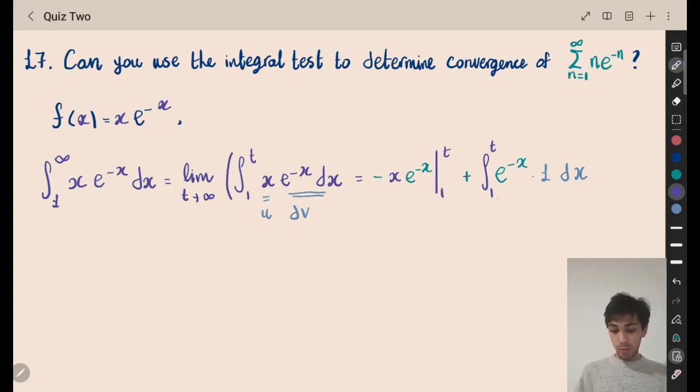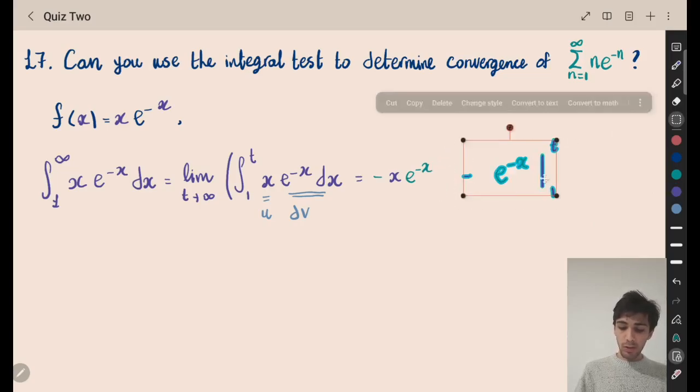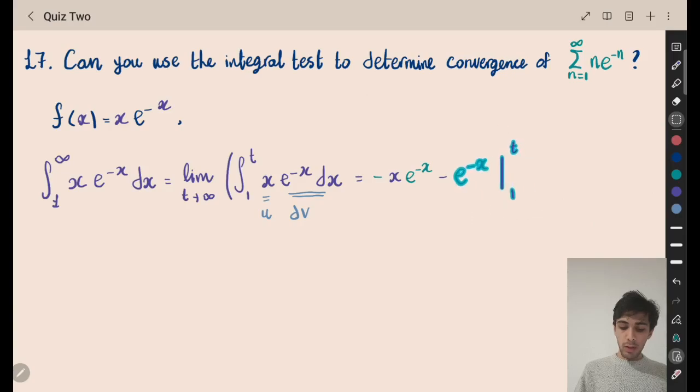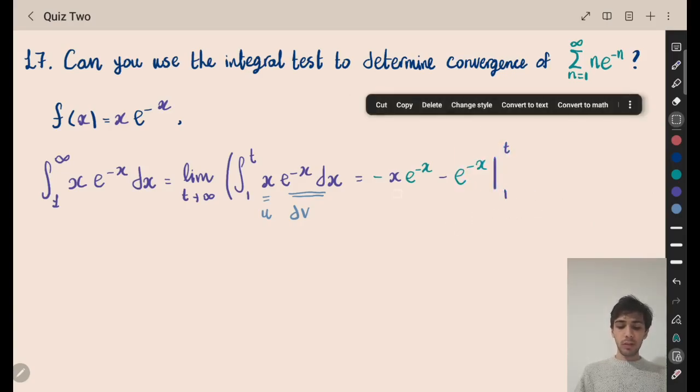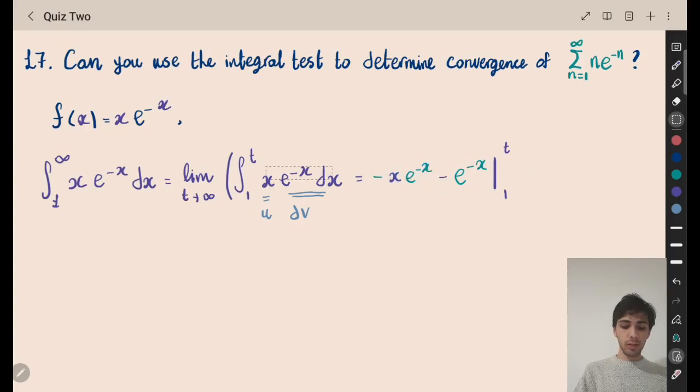This is the anti-derivative of it. So I put the minus sign, I take this, I put it like that. Perhaps it is a good idea to combine these two together. And then, of course, you can take the derivative and verify yourself that this is going to be the answer for the exercise.